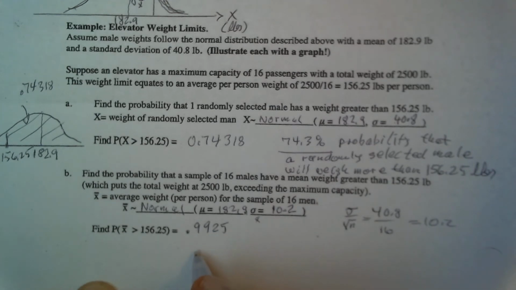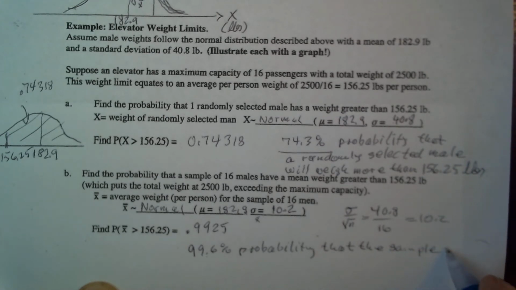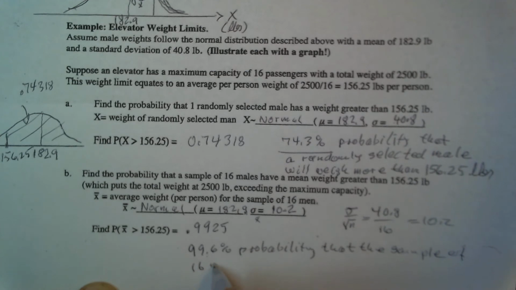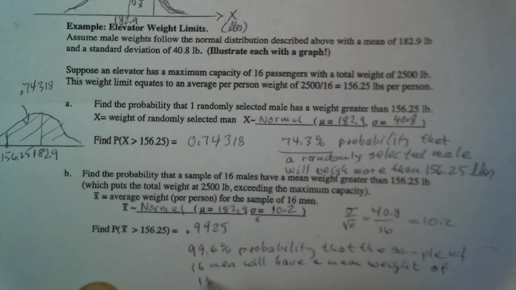In other words, there's a 99.6% probability that the sample of 16 men would have a mean weight of 156.25 pounds or more.